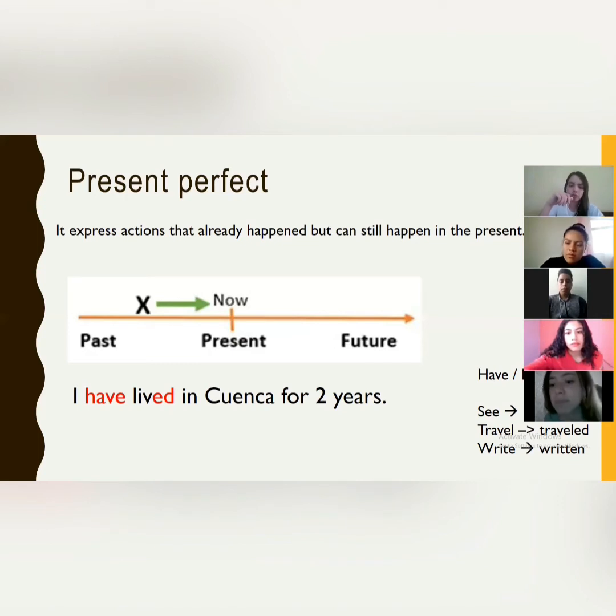Josue, to create a sentence in present perfect tense, do you have to use the auxiliary that, do, does? No, we need to use the auxiliary verbs have or has. Yeah, good students. So, in this class, we will apply the verbs in the past participle form. So, let's check how we can form the sentence to express an action that happened in the past and can still happen in the present.